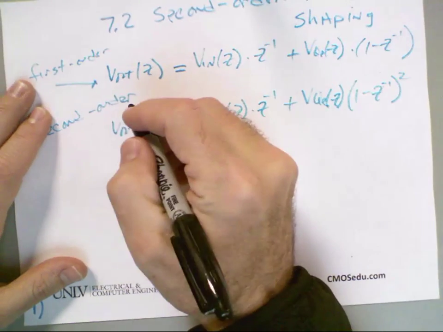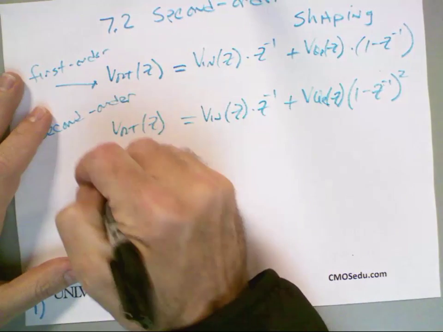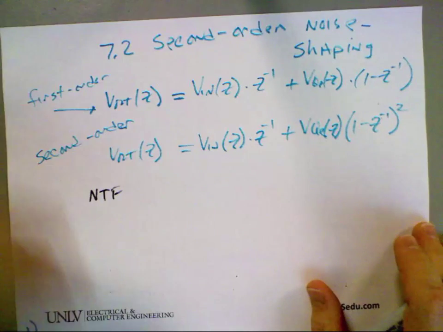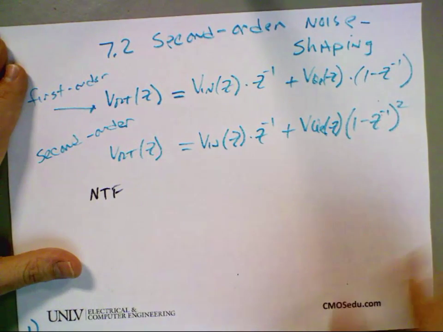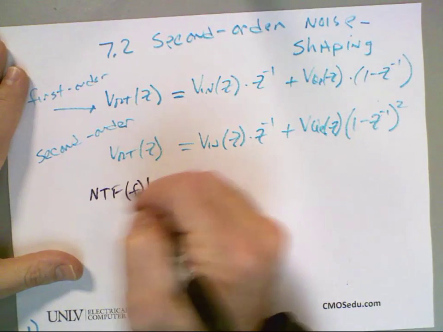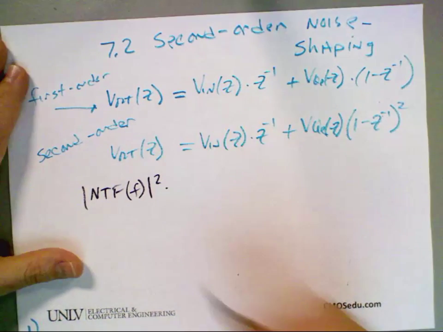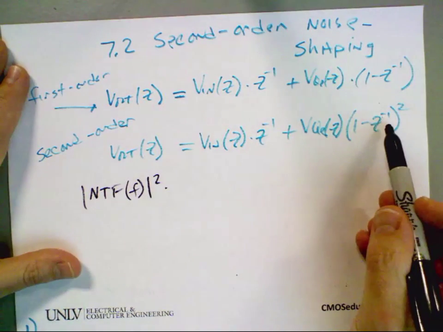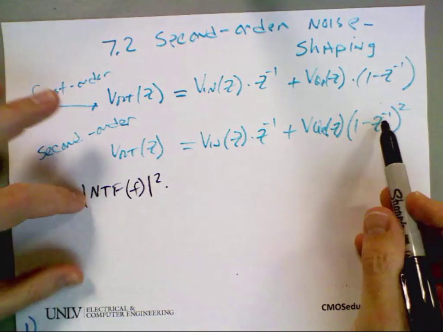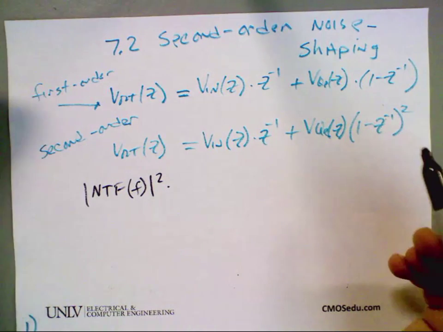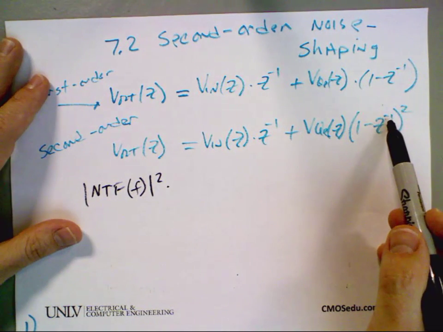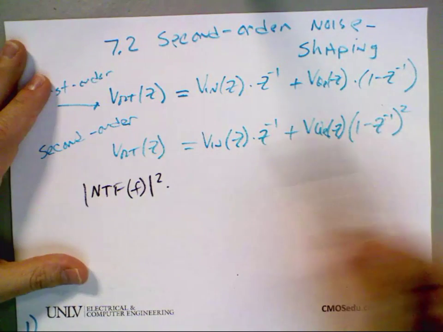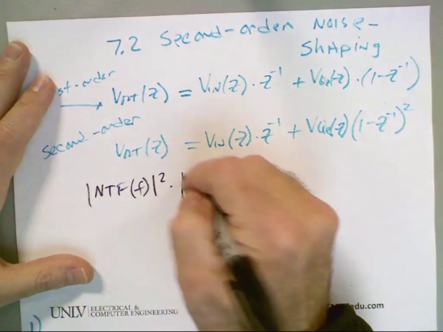Let me ask a simpler question. What is the noise transfer function for second order noise shaping? Well, it's 1 minus Z to the minus 1, squared. Then plug in Euler's identity to get the formula, but I'm not going to rederive that again.